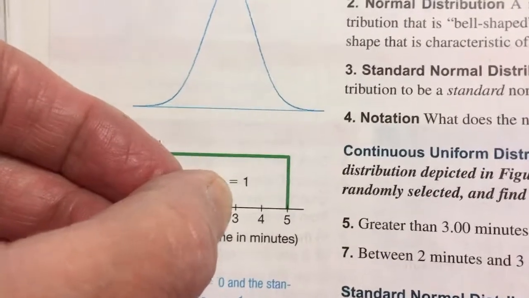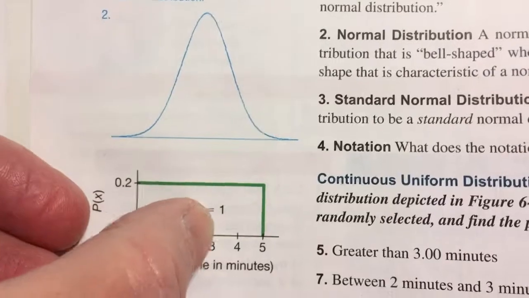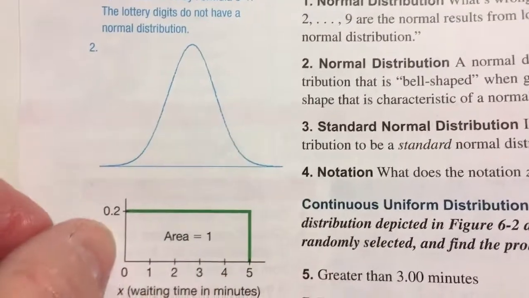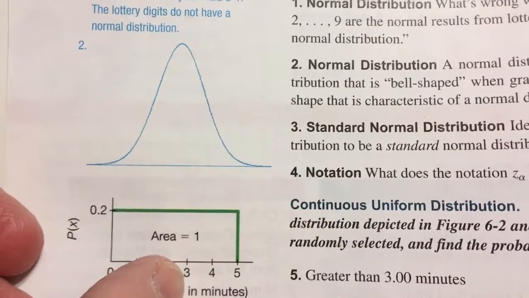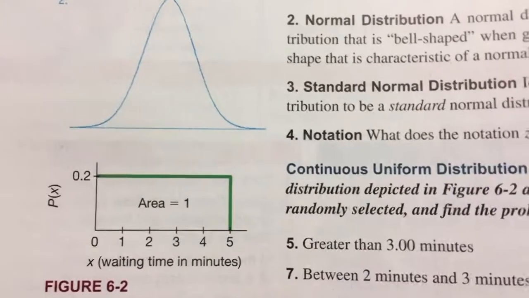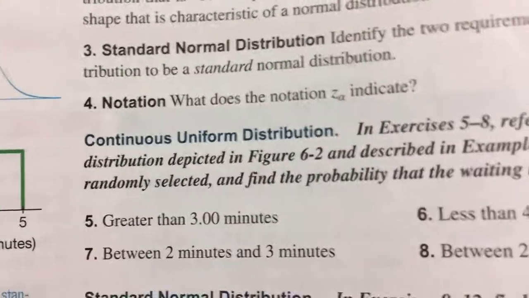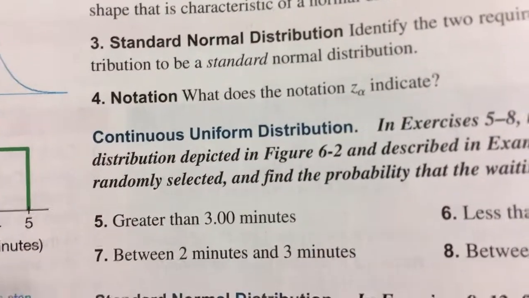So that's 2 slots out of 1, 2, 3, 4, 5 slots. So 2/5 of this area, remember the area is 1, so 2/5 of that area would be 2/5 of 1, or 0.4. So we have the probability being 0.4 or 40% for that one.